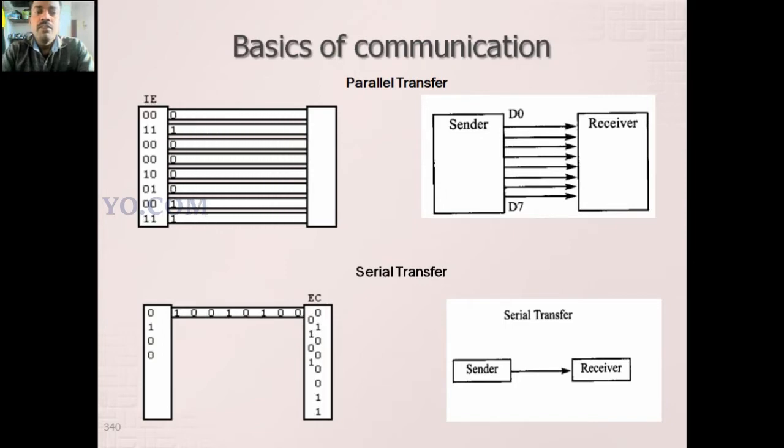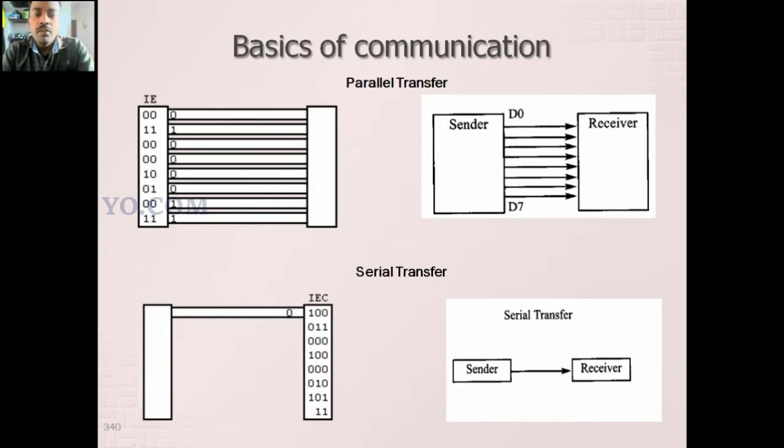We can give some examples related to parallel communication. I think you have knowledge about the dot matrix printer. The dot matrix printer is connected with the computer by using a parallel port.